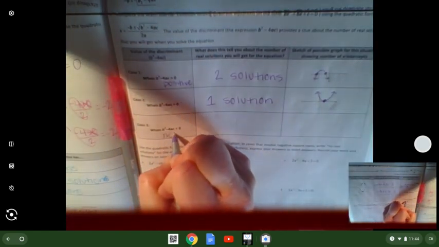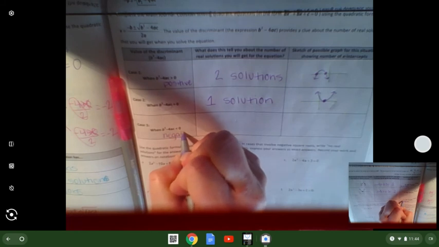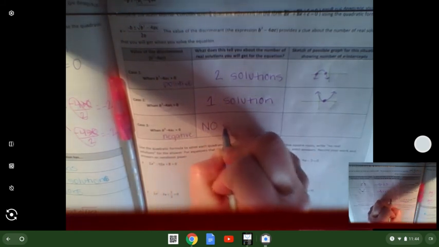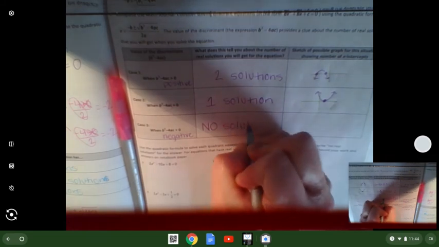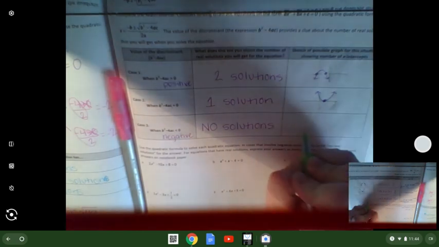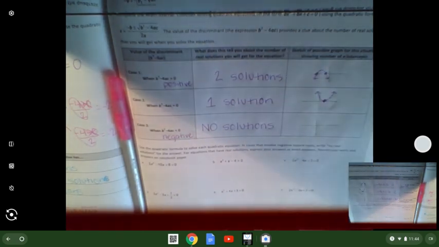And last but not least, when our discriminant is less than 0, in other words, when it is negative, because it is less than 0, that is when we get no solutions. That is when we don't need to finish the quadratic formula, no solutions. So we're going to draw one more graph here, and this time you need to draw a graph where I never touch the x-axis. Now, be really, really careful.